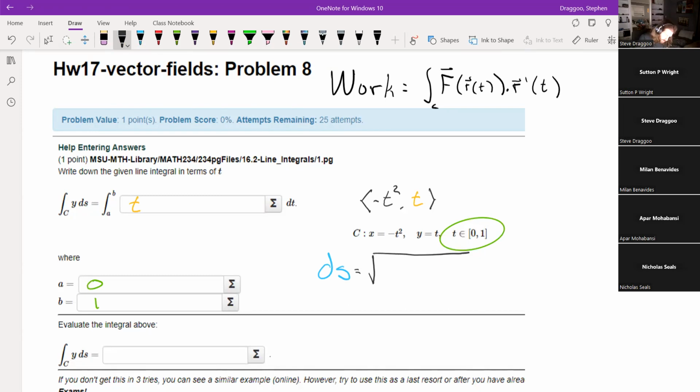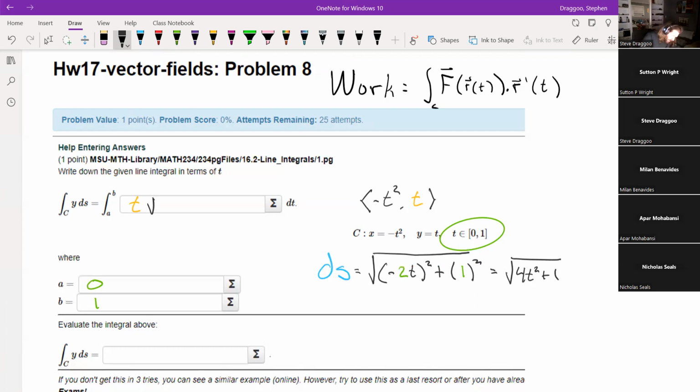So that x partial is negative 2t, negative 2t squared, plus the y partial is just 1 squared. And so that thing is the square root of 4t squared plus 1.